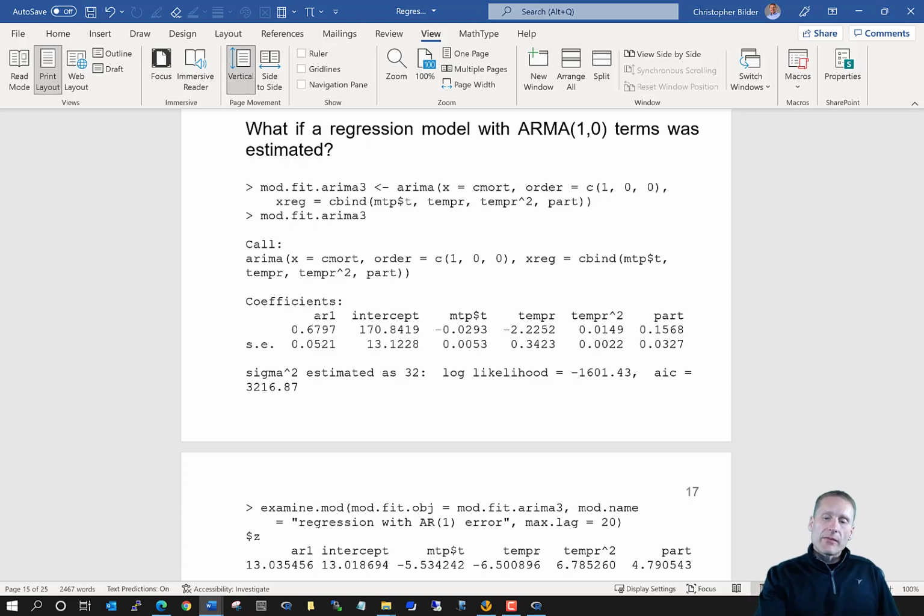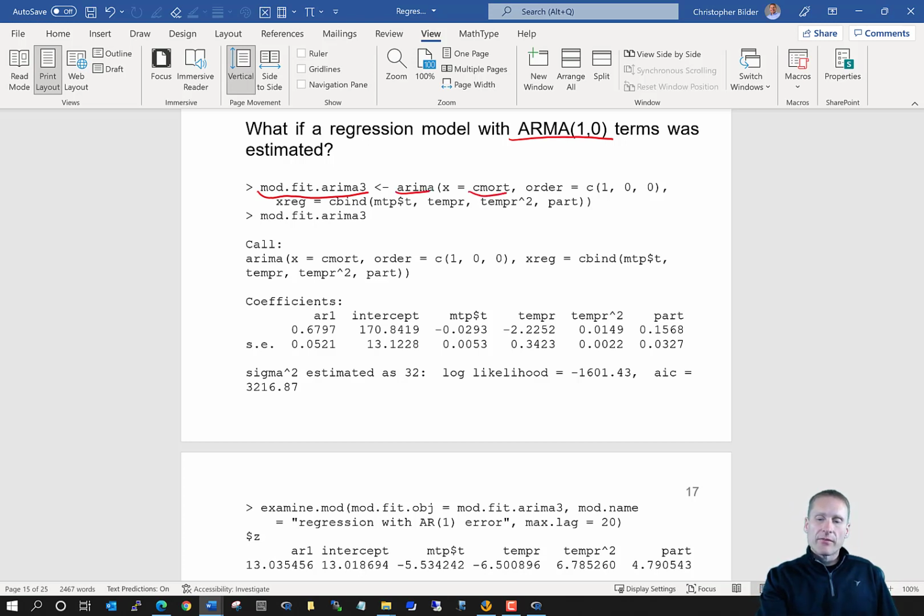Well, suppose rather than starting with an AR2, we start with an AR1. We look at the model, and then we look at the residuals, and let the residuals guide us to let us know if we need to make some changes to the model. So let's do that. I'm going to put my corresponding model fit into mod.fit.arima3.